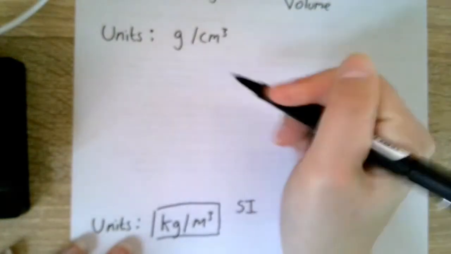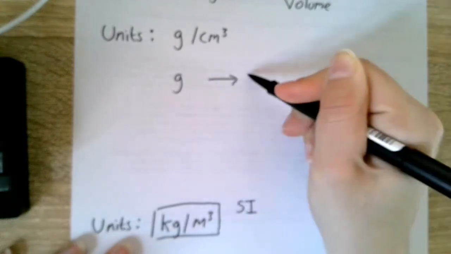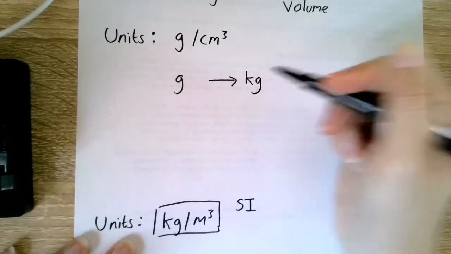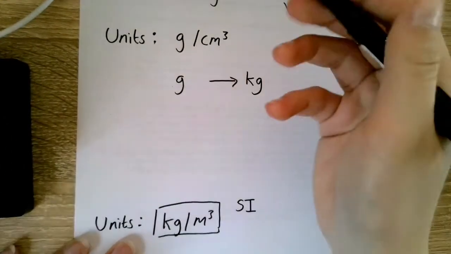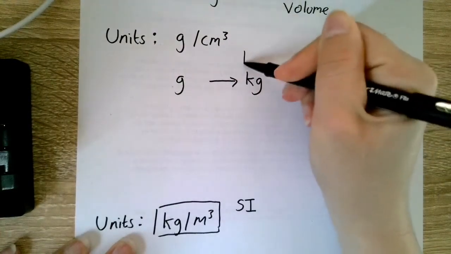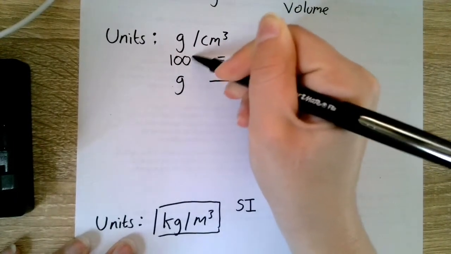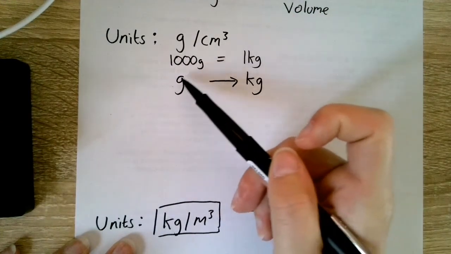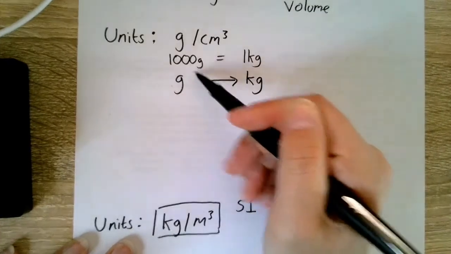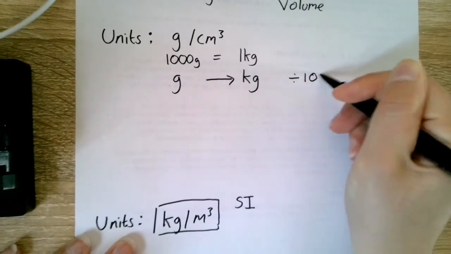Hopefully going from grams to kilograms is more familiar to you, as it's the same as going from metres to kilometres. So in 1 kilogram we have 1,000 grams. In order to go from grams to kilograms, we divide by 1,000.